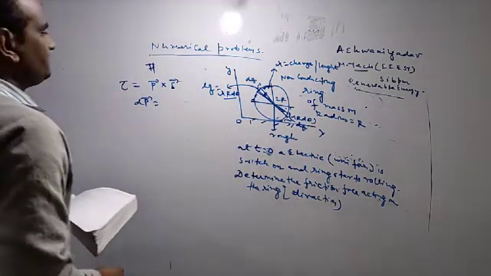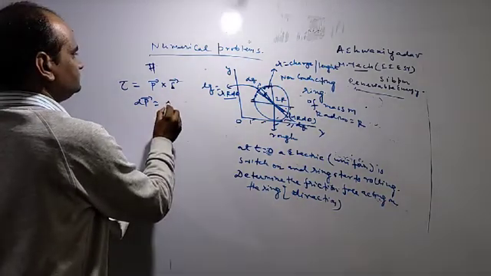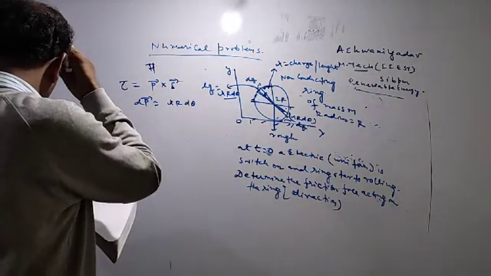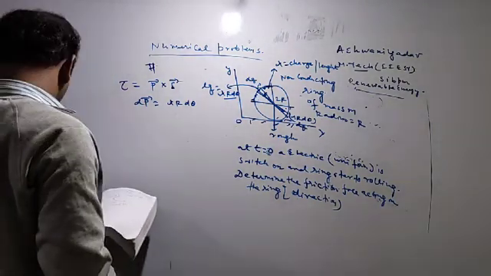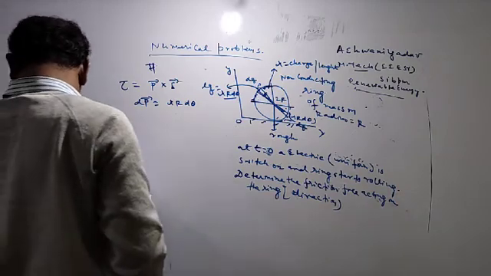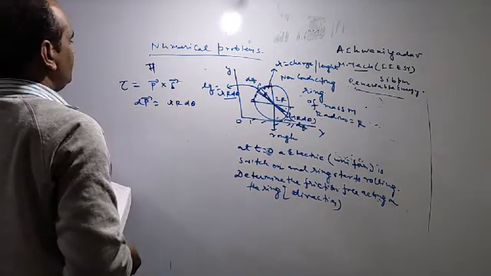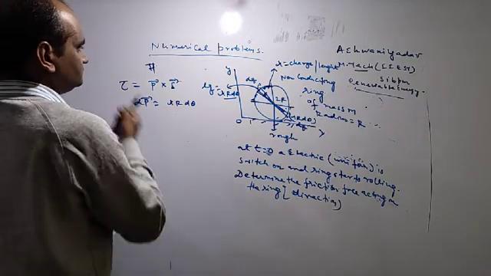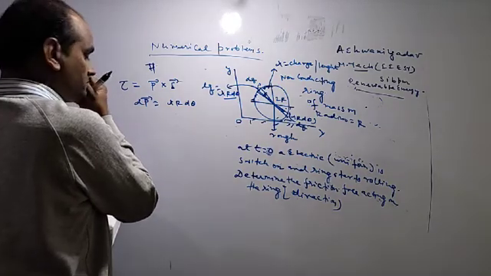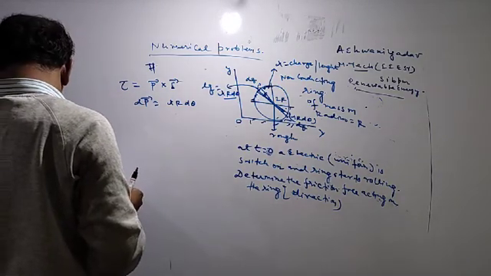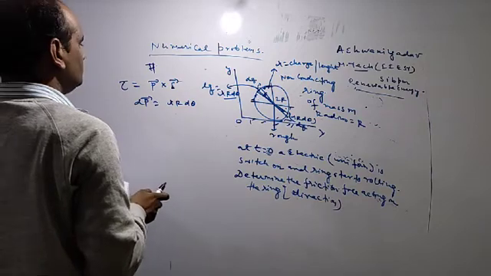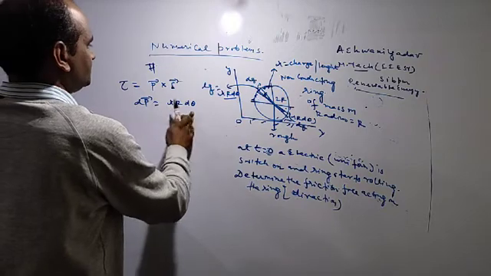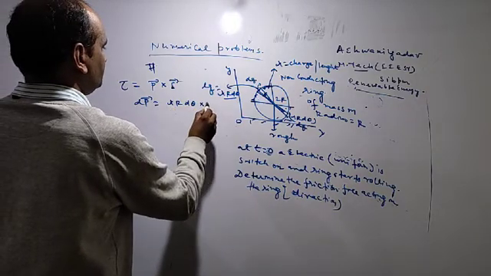dp will be lambda r d theta, charge into distance into 2r.